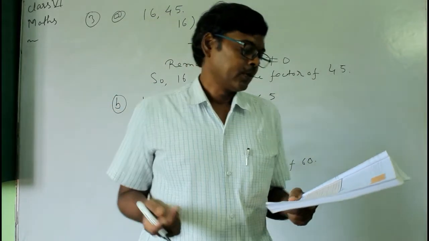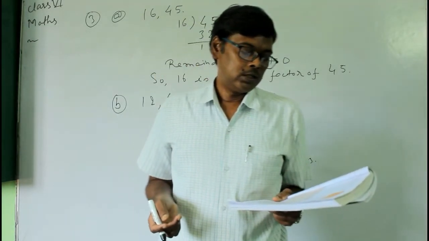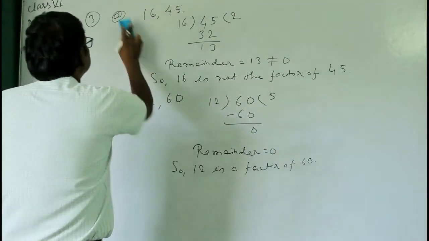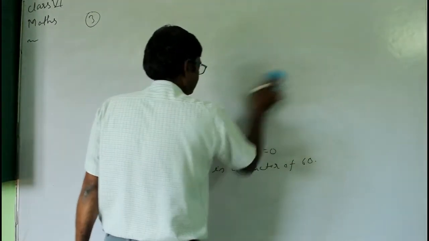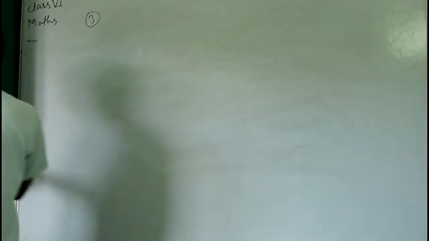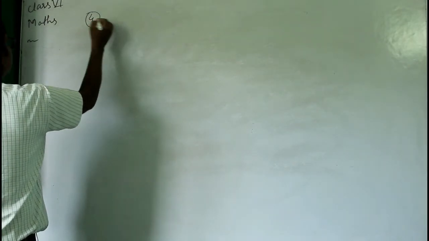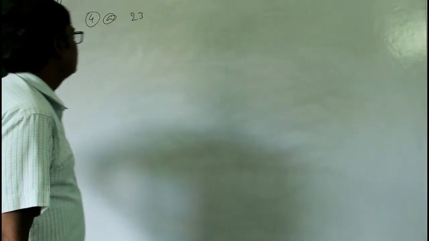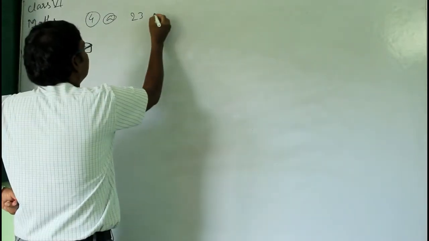Now question number 4. Express each of the following as the sum of three prime numbers. Question 4A: you have the number 23, and we have to represent it as the sum of three prime numbers.